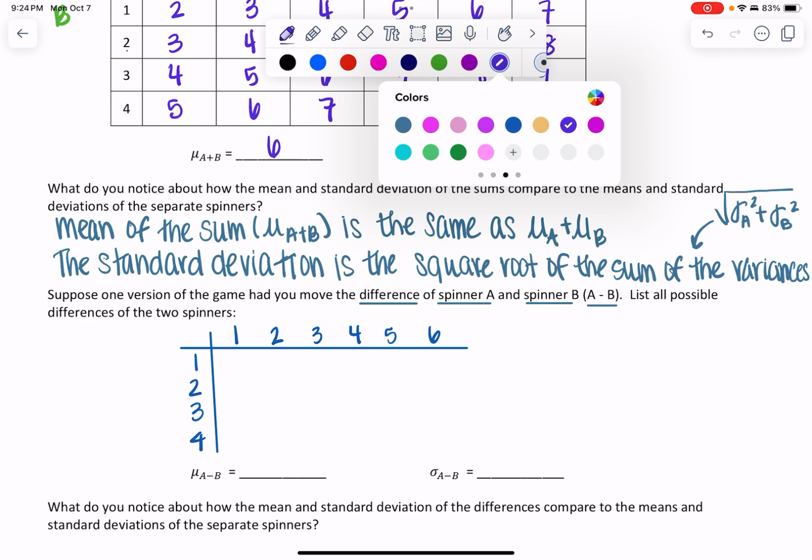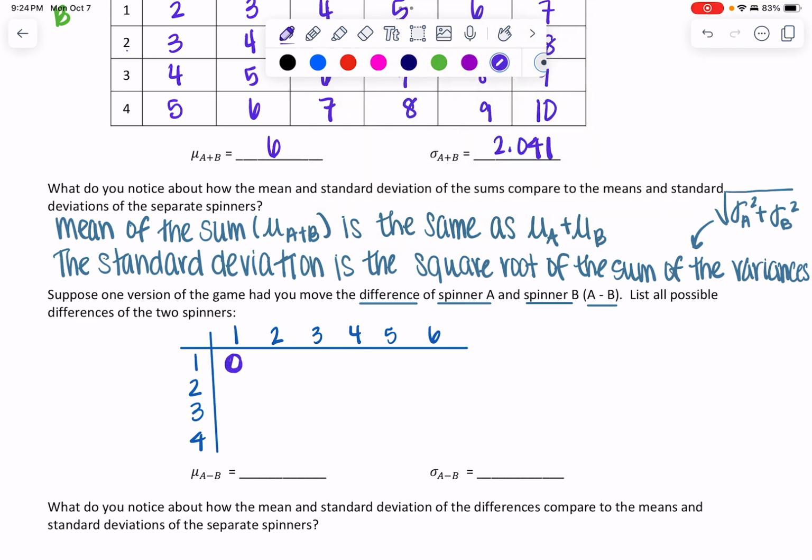So 1 minus 1 is 0. 1 minus 2 is negative 1. 1 minus 3 is negative 2. And it's negative 3. 2 minus 1 is 1. 2 minus 2 is 0. Negative 1, negative 2. 3 minus 1 is 2. 3 minus 2 is 1. 3 minus 3 is 0. 3 minus 4 is negative 1. 4 minus 1 is 3. 4 minus 2 is 2. 4 minus 3, and so on.